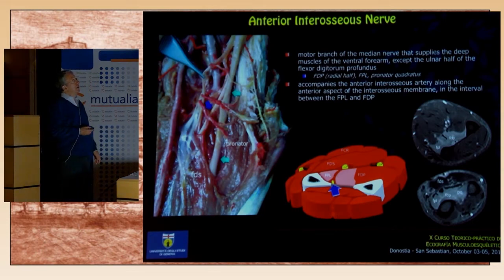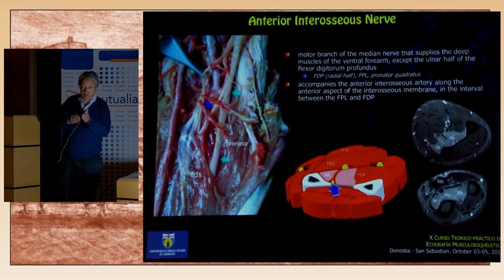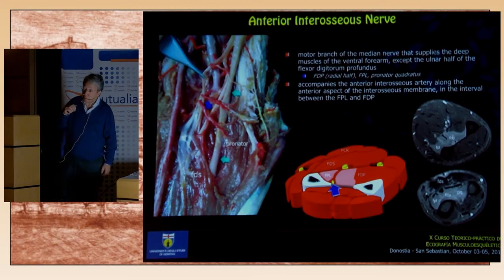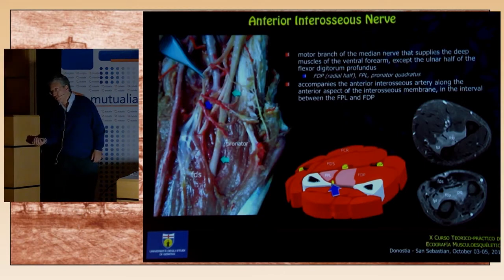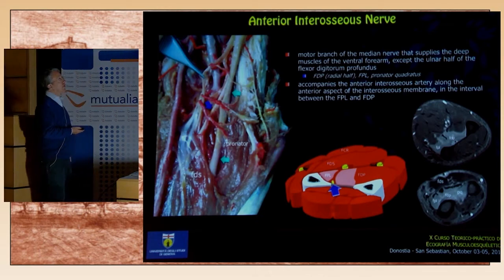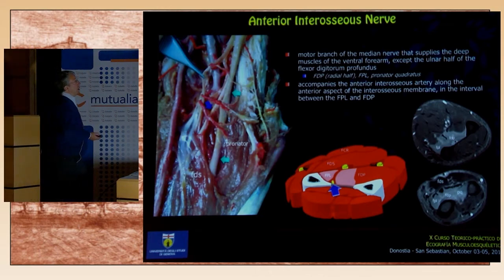Probably because just proximal to the level of the anterior interosseous, we also have some small branches to this muscle, and possibly the compression may not really be proper of the anterior interosseous, but a bit more cranial, affecting the median nerve in a variable way.